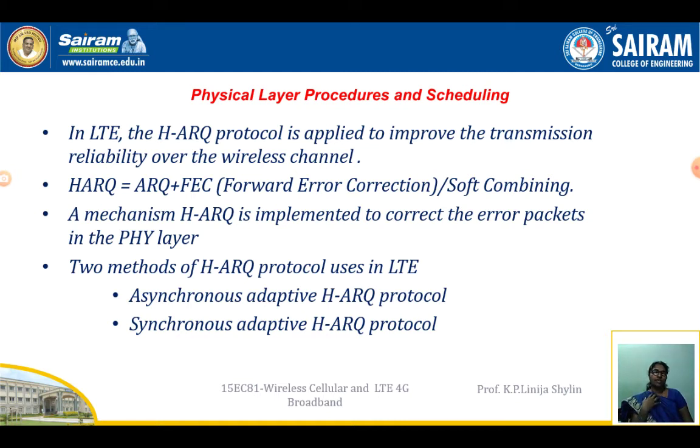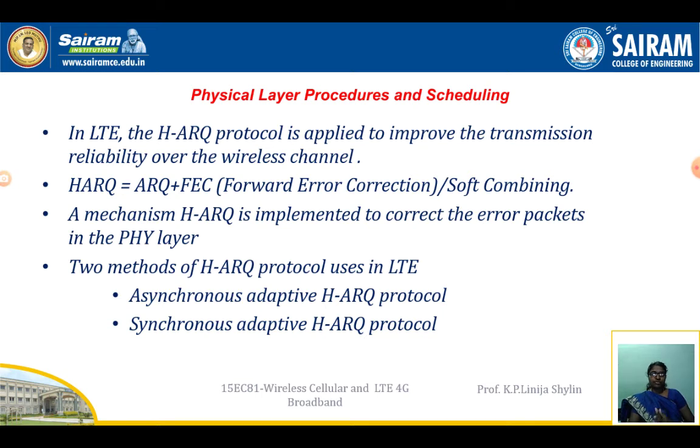So first, if we talk about the asynchronous adaptive HARQ protocol, it is used for the downlink transmission. Here in LTE we are discussing the downlink transmission as well as the uplink transmission. So the asynchronous adaptive protocol will be used for the downlink transmission.